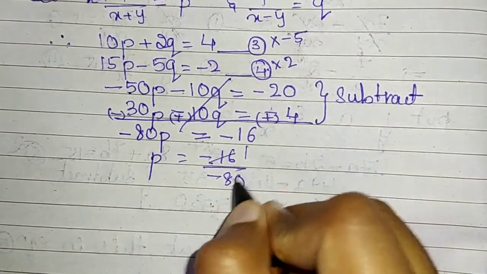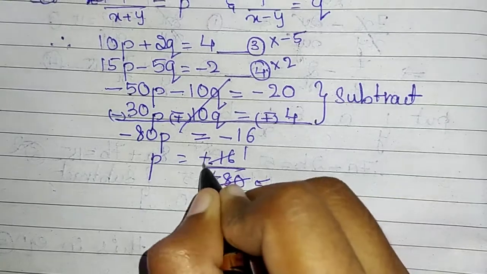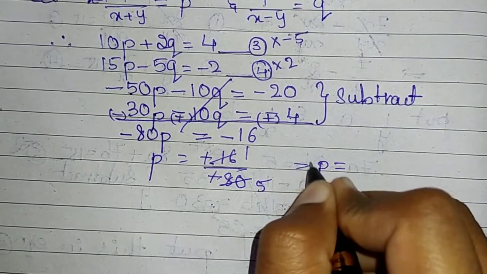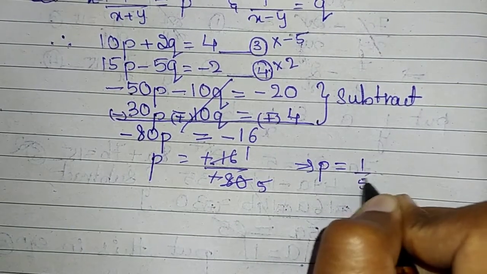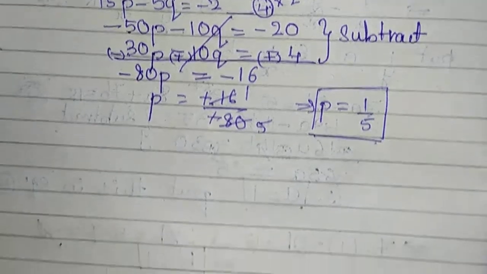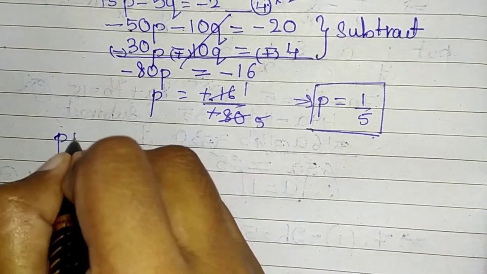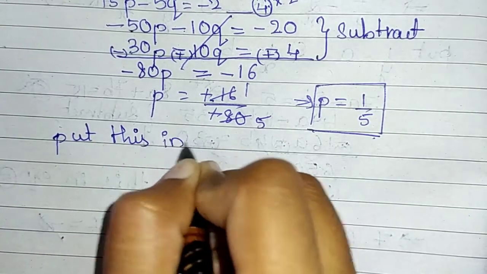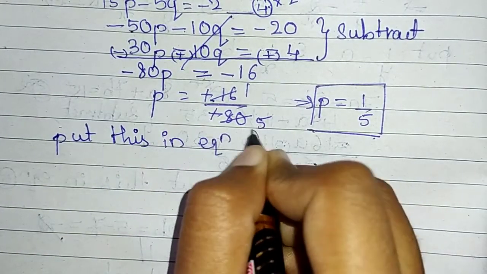16 ones are, 16 fives are. These two cancel each other. We get p is equal to 1 by 5. This is the first required result. Now put this value in equation 3.